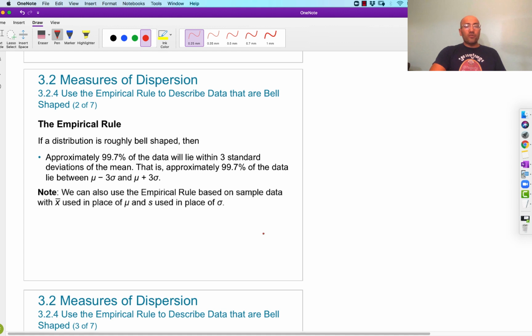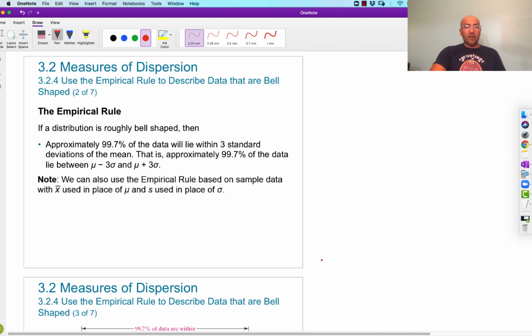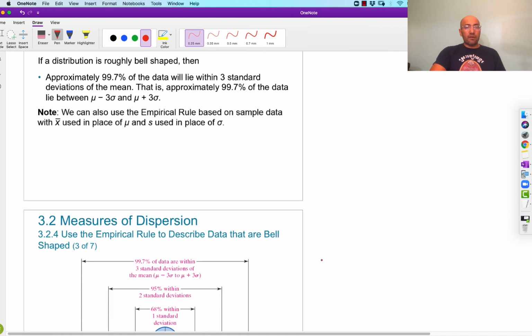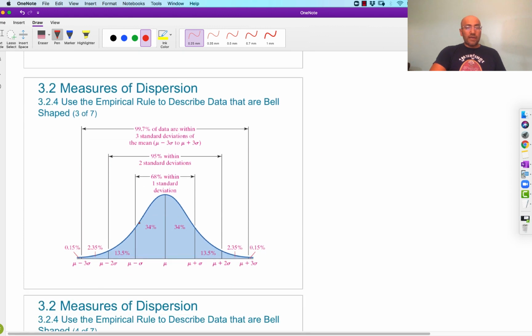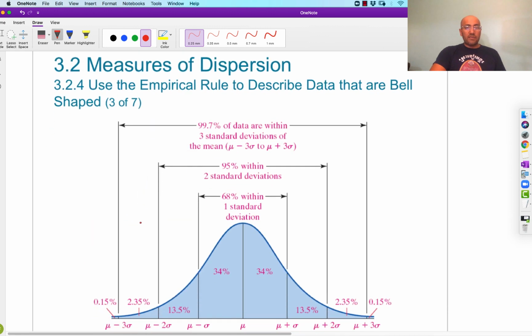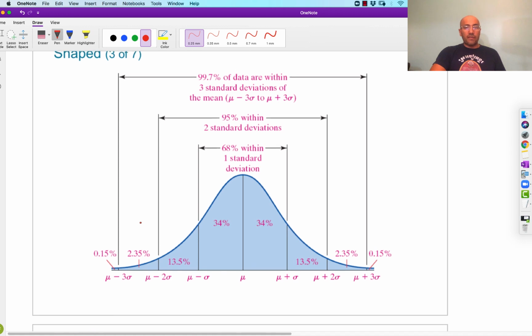Okay? We can use the empirical rule based on sample data with x bar used in place of mu and s used in place of sigma. Okay, so this is a nice little diagram that describes exactly all of that. I know there's a lot to take in, but this little picture describes the whole thing.